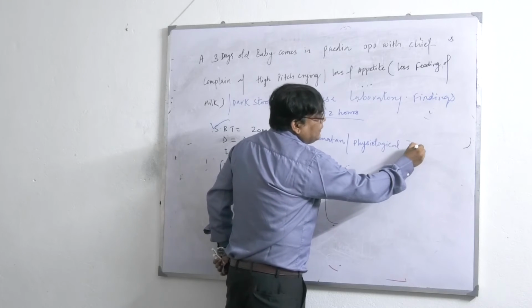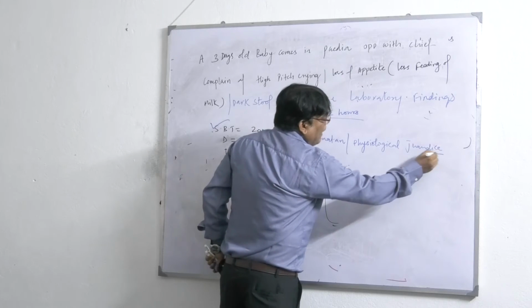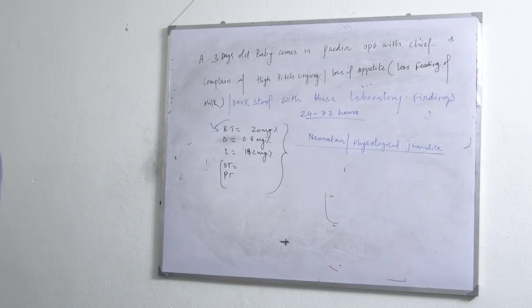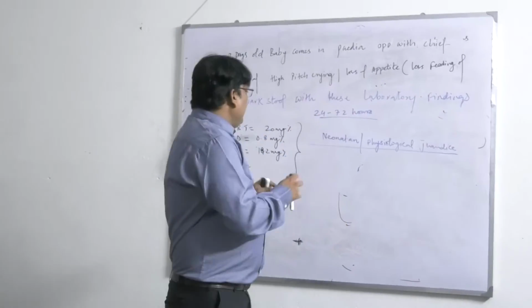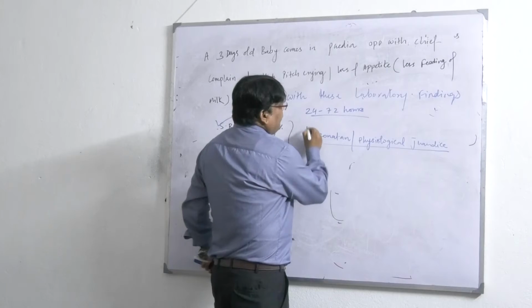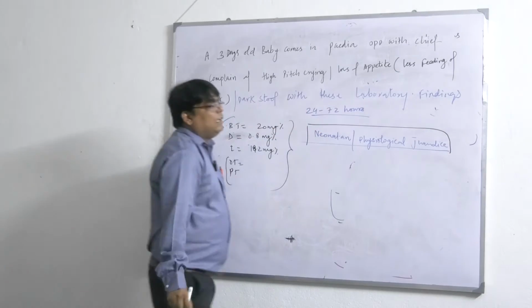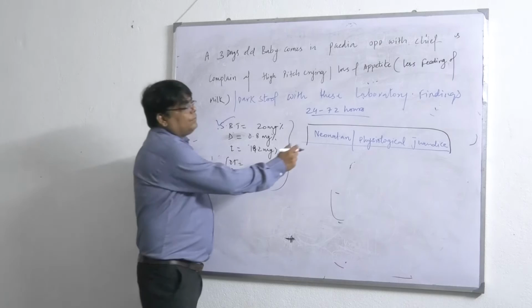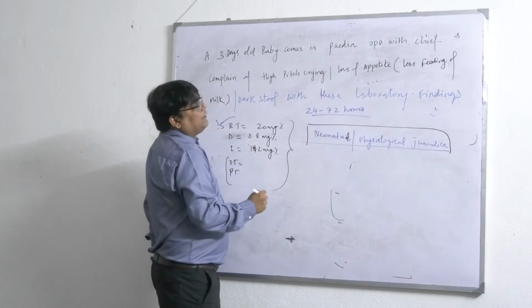Physiological jaundice. Why? Because the liver of such a child is not properly developed. It is not able to conjugate bilirubin. That's why the level of bilirubin becomes high. Understand? Because it does not metabolize the bilirubin, such children suffer from neonatal jaundice or physiological jaundice.